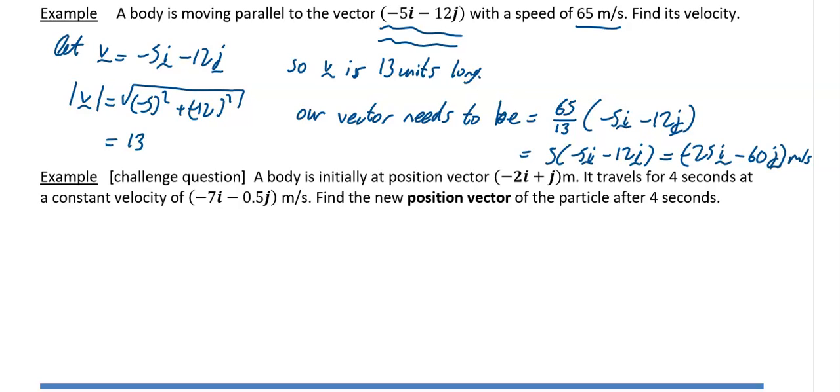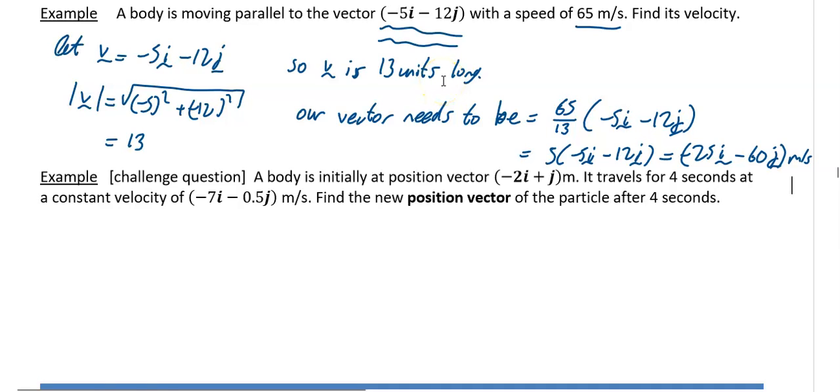That's a very tough example, so let's just run through again what we've done. We were told we wanted to find a vector moving parallel to minus 5i minus 12j with a speed of 65. So we need to define the size of this thing as v, which is equal to minus 5i minus 12j. We find its size by doing its modulus, which is the square root of minus 5 squared plus minus 12 squared, and we got 13. So we know that this thing that we call v is 13 units long.